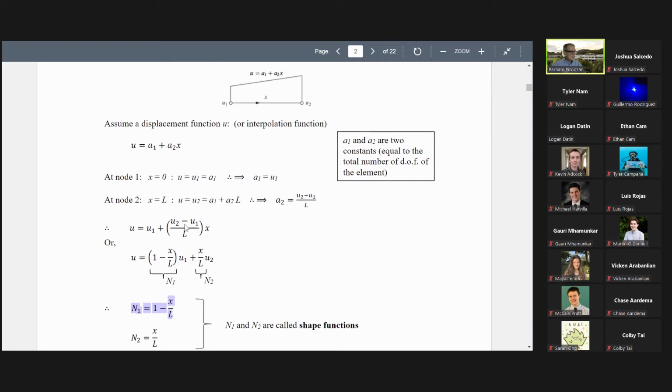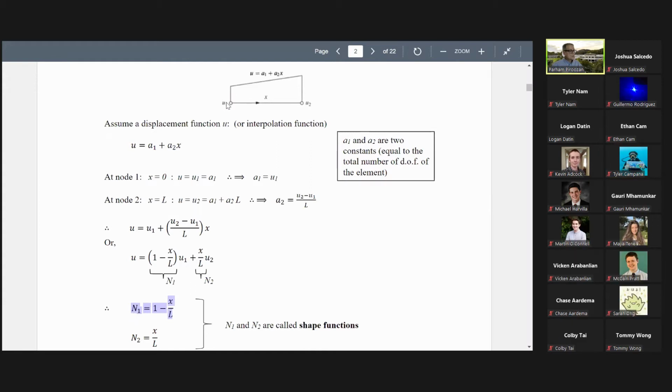And look at this node 1. At node 1, what is x? X is what? 0. So what is the value of N1 at node 1? 1. Very good.